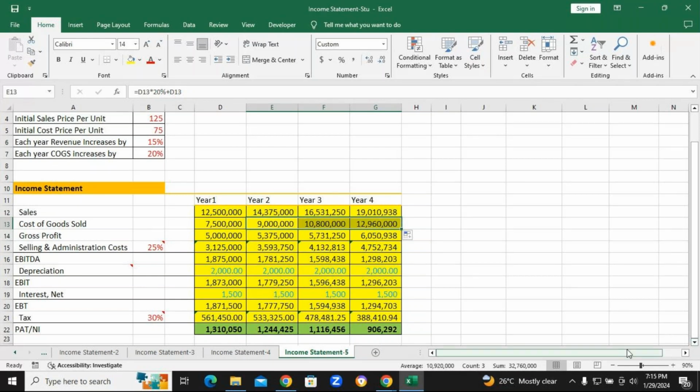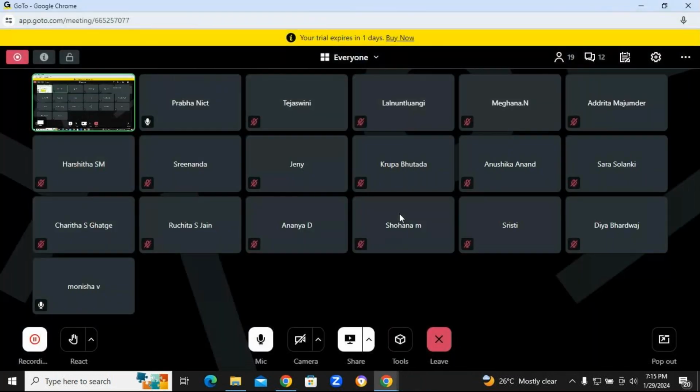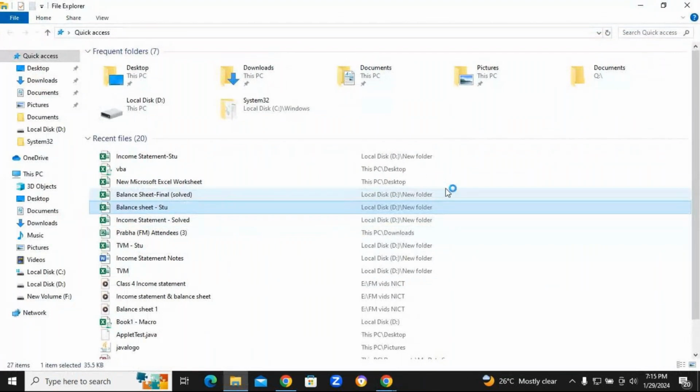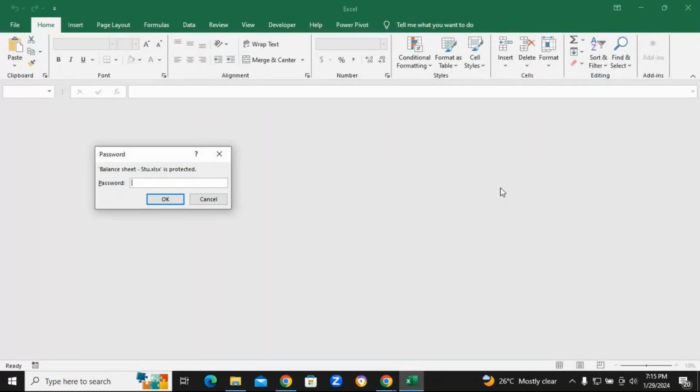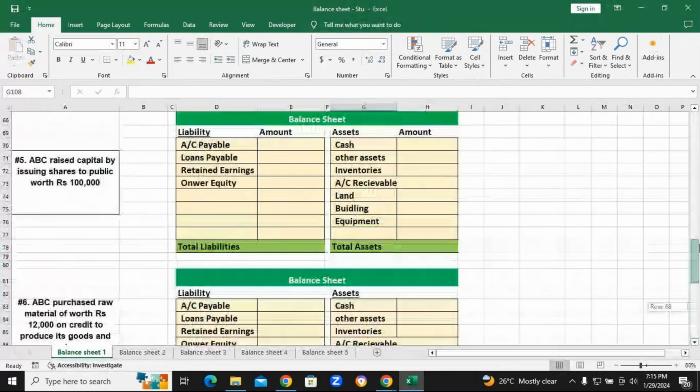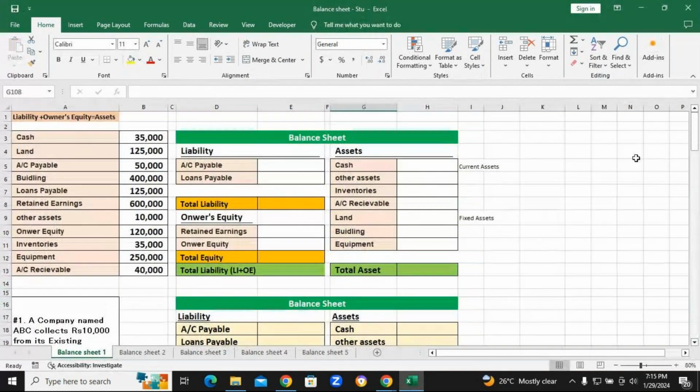Income statement everybody has understood, I believe. So let's proceed further with balance sheet. So open up with balance sheet 1.